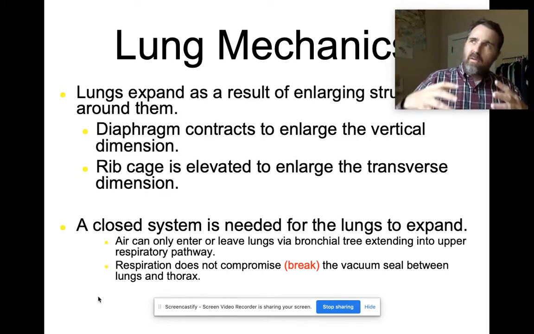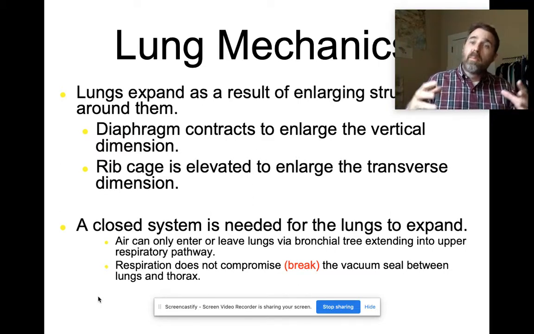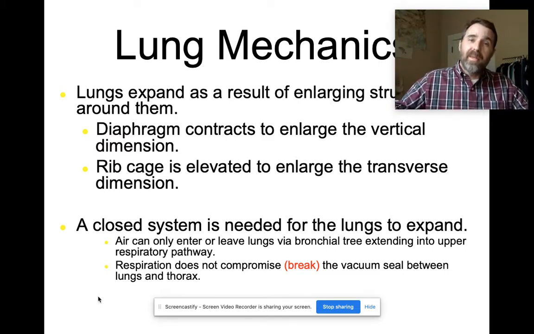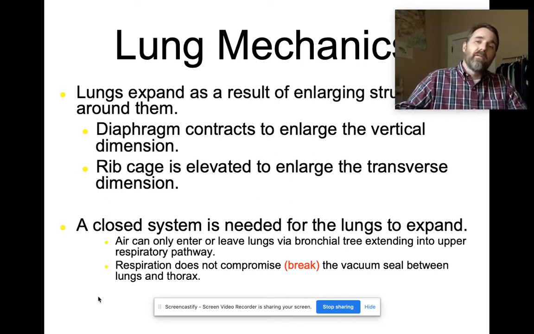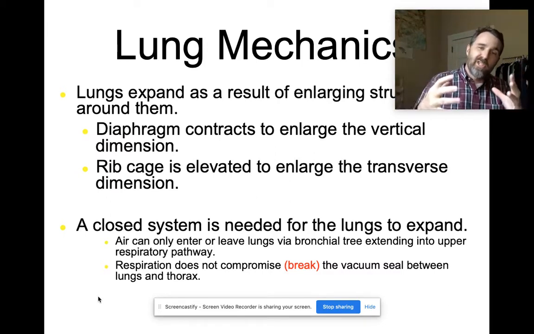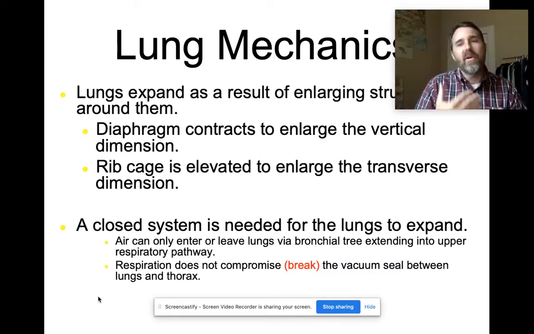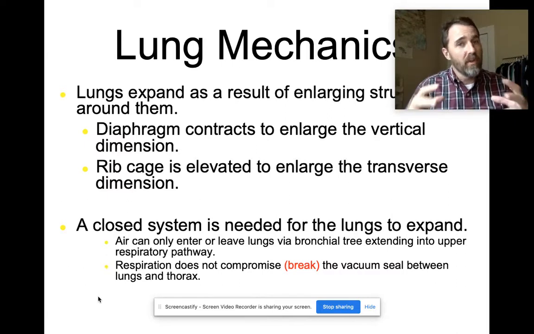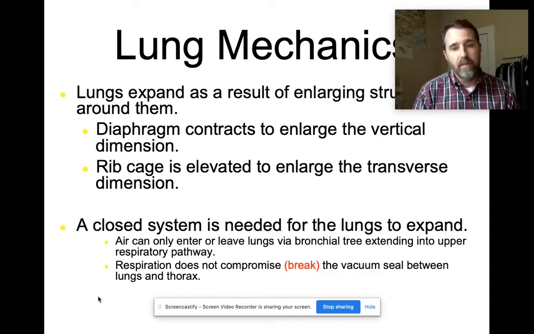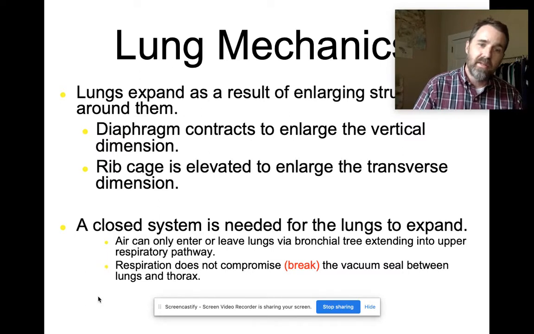And in order for the lungs to be pulled by the thorax, to be expanded by the thorax, and then to follow the thorax as the thorax retracts and relaxes, there has to be a connection between the lungs and the thorax. And there is.